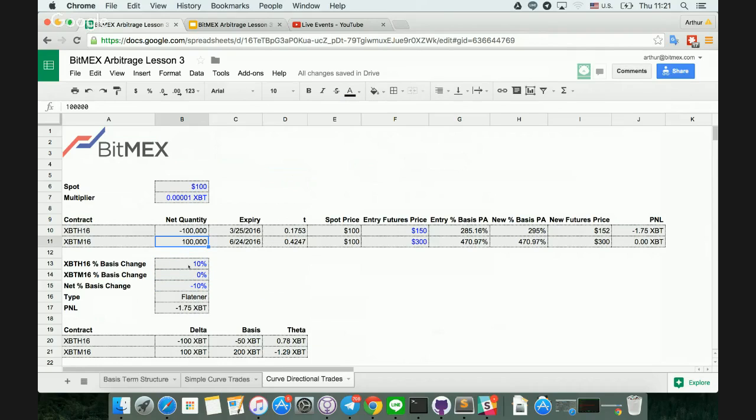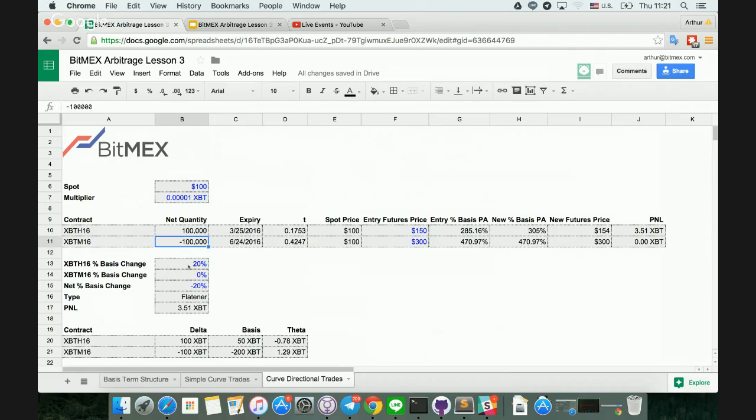So let's put on the trade that we had previously. Again, as we see, the curve flattens.